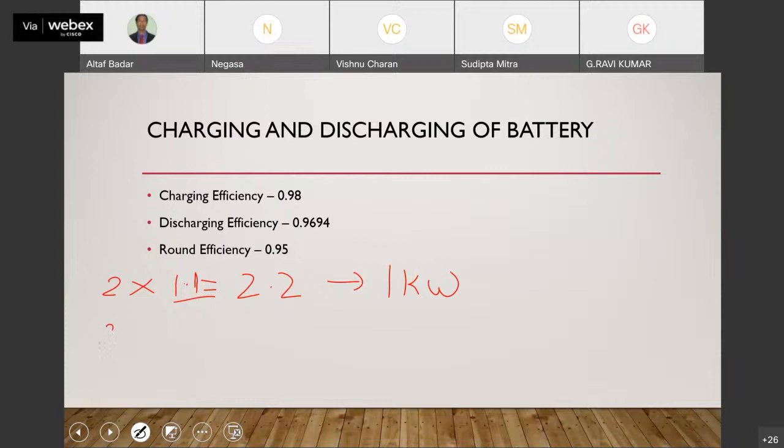It's 2 into, obviously 1 kilowatt was there, but I will not be able to realize 1 kilowatt. Let us say I realize 0.9 kilowatt, so I save 1.8. If I subtract, I get 0.4. Now this is not saving but an extra bill that I'm paying. When I charge it, I pay 2.2, but when I discharge it, I save only 1.8 rupees.